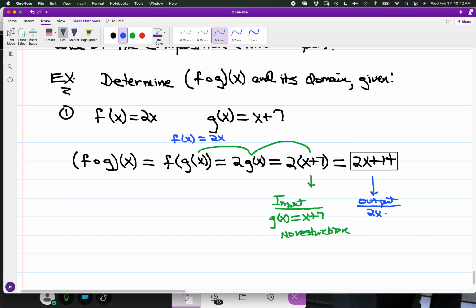And because we don't have a fraction or even root radical, also no restriction. And where the twain shall meet, since there's no restriction between the input and output, we have no restriction at all.